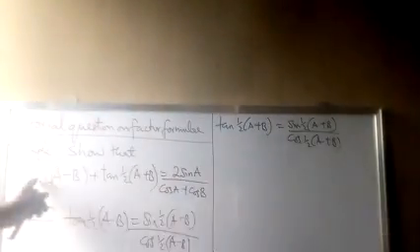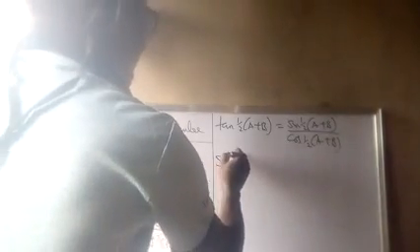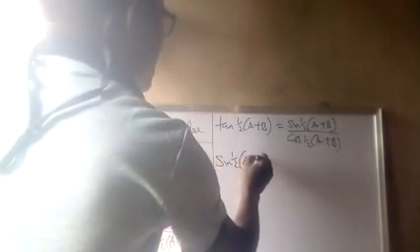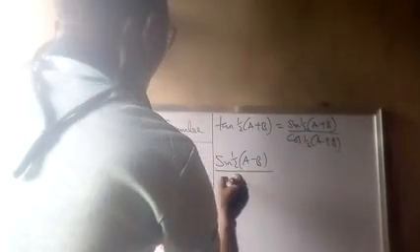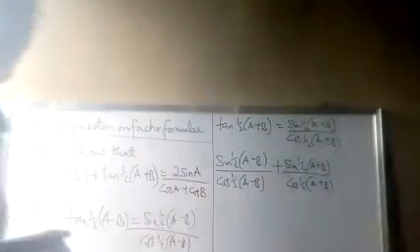So by the time we put this there, we are going to have sine half into a minus b all over cos half into a minus b plus sine half into a plus b all over cos half into a plus b. So we have replaced this and this with this and this.